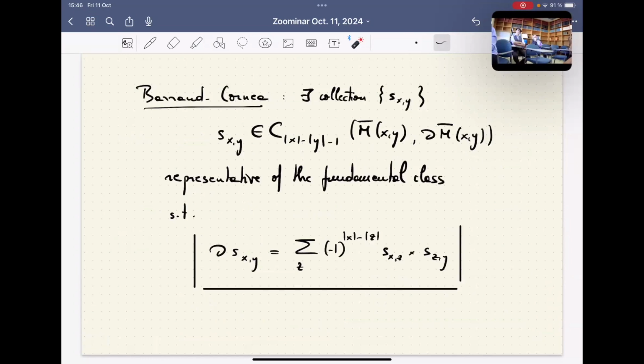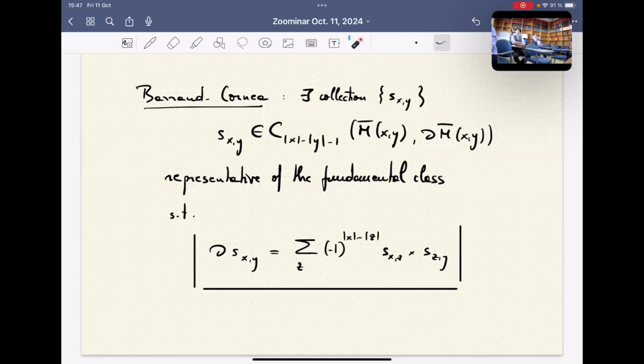And the construction of Barraud and Cornea is the following. They pick a coherent system of chain representatives of the fundamental classes rel boundary for all the compactified moduli spaces.